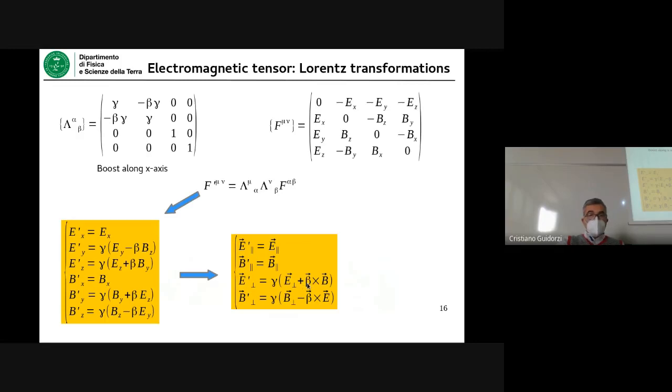And here beta is the velocity of the moving system with respect to the fixed one in units of the speed of light, of course. In this case, the only component of beta is along x, so it would be just beta_x.